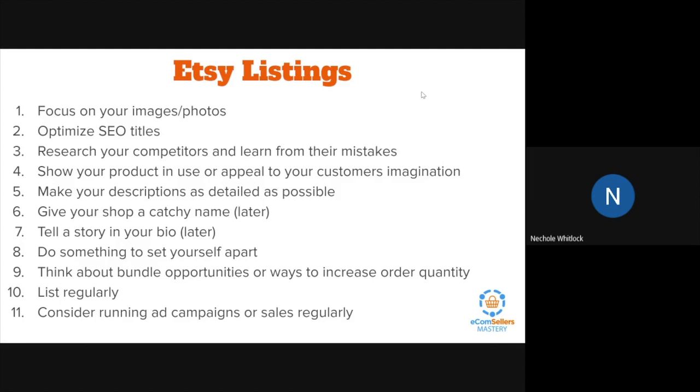The one thing about the algorithm that eBay and Etsy use and some of the other platforms is that when someone is offering a sale, they show it to buyers. They showcase it. So take advantage of the fact that the platforms love to showcase sales because they know that their buyers are looking for deals. But again, that's something for later.